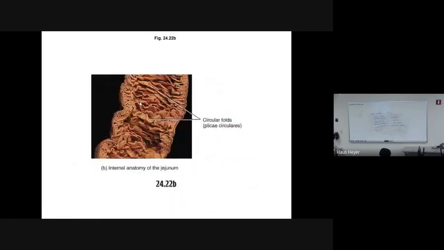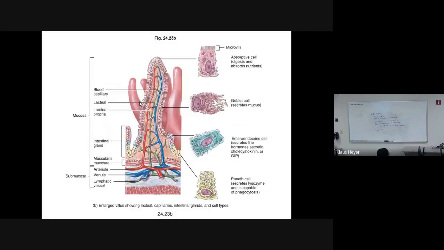Thought I had a better picture of it. When you look in the intestine, there are these finger-like projections that we call villi. The stomach makes pits. The intestine makes villi. And up there you see one villus, and you see these cells around it.